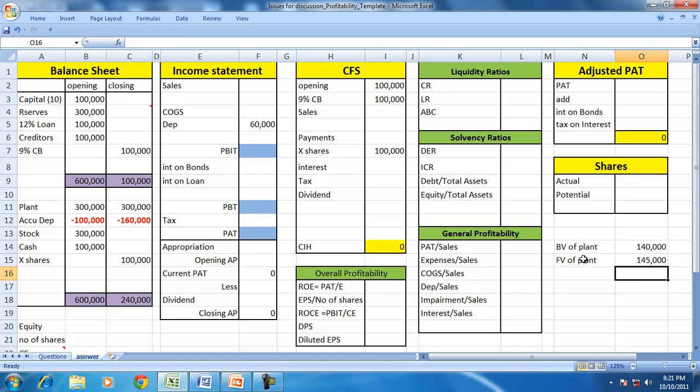So the company can revalue the asset, but our assumption here is no revaluation. So therefore we are not creating any revaluation reserve, and that 145,000 is not going to affect the balance sheet anyway.